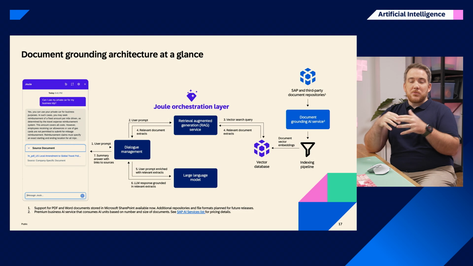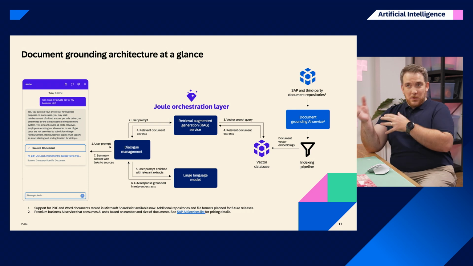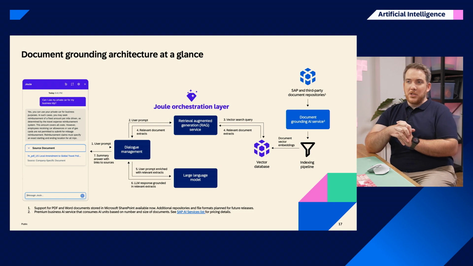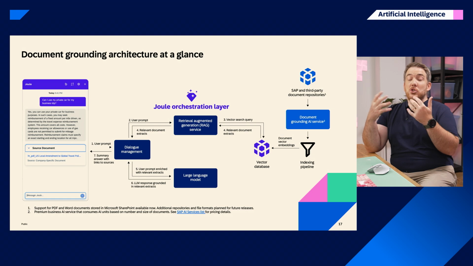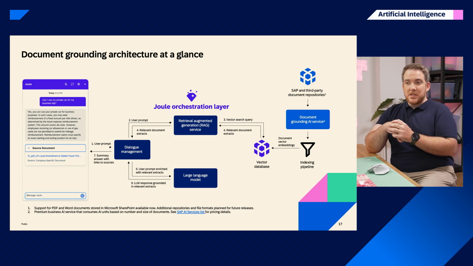This retrieval process will create embeddings out of the initial question from the user and make a similarity search between the question and what is available in the HANA Vector Engine. Once the best chunks of information have been retrieved, all of that will be sent back to Joule, and Joule will then rely on the LLM to generate the final answer. This is what you can see here in the gray part in the screenshot, right? And that's pretty much the flow.